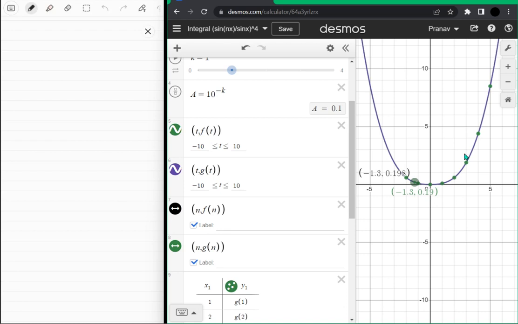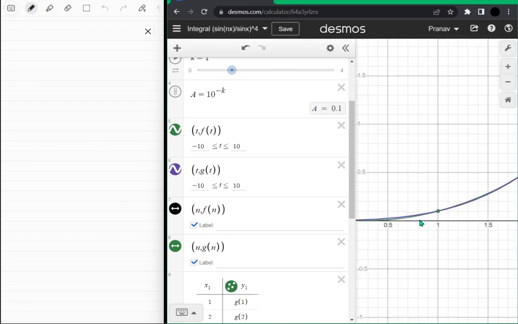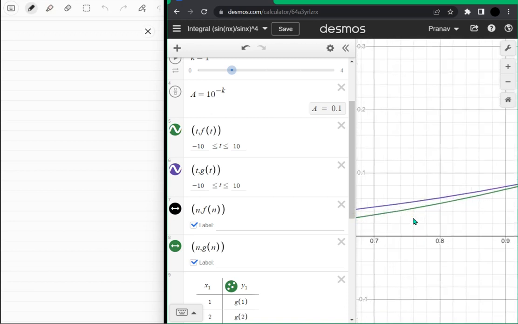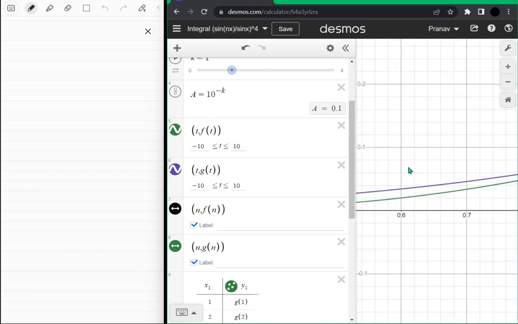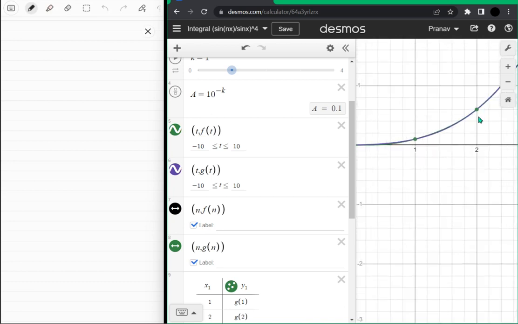You might even think they are the same, except that they are not. If I keep zooming in, you will see they are not exactly the same. This purple curve is a very good approximation of this thing. It actually works on integer values of n, but otherwise it's just an approximation. It won't give you the exact solution, but it will give you the approximate value.